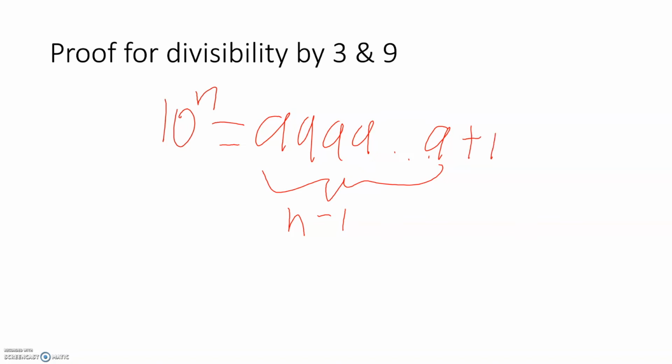And since this 9999999 is divisible by both 3 and 9, because if we divide by 3, it's just 3, 3, 3, 3, 3, or there's n minus 1 threes, and 1, 1, 1, 1, 1, 1, 1, or there's n minus 1 ones. We basically just get 1 times the digit, which is essentially just summing up the digits.